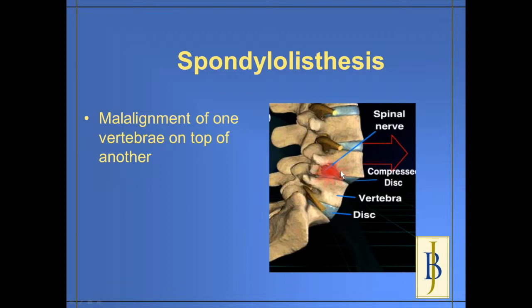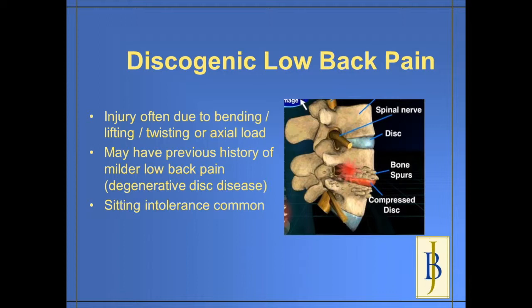So not only do you have back pain because this is sliding in front of the other one, you're also pinching that nerve. The other thing you can see on X-rays is discogenic low back pain. That's when your intervertebral discs are wearing out. So your disc should be nice and plump, but sometimes they can degenerate or wear out sooner than they should.